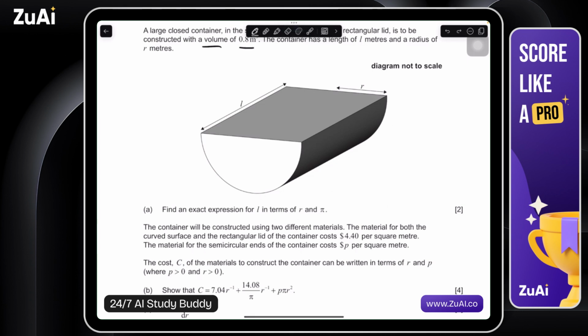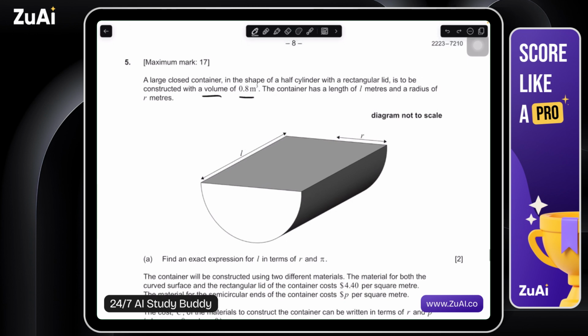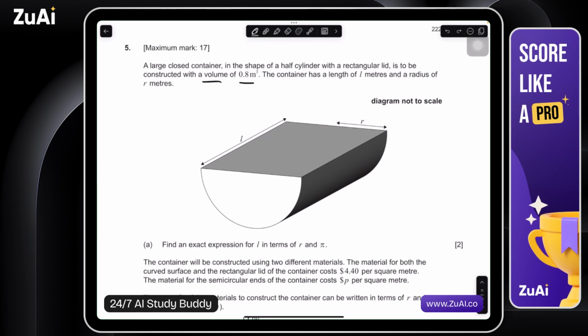So let's see how these things are related. What do we know? The only value that they really give us is the volume, and it's equal to 0.8 meters cubed. And this pi should indicate that we're going to be dealing with something with circles.